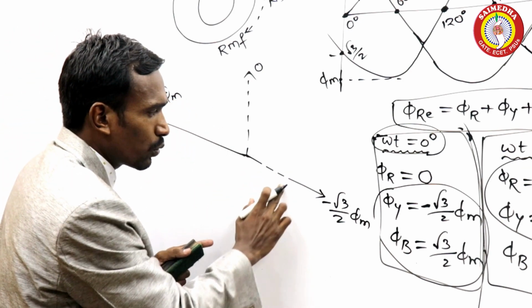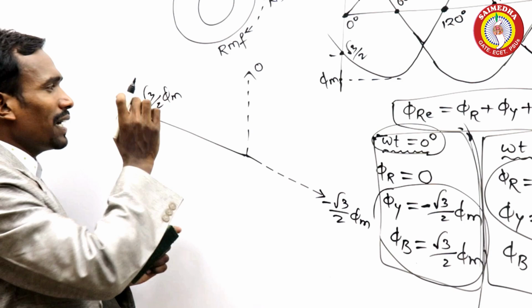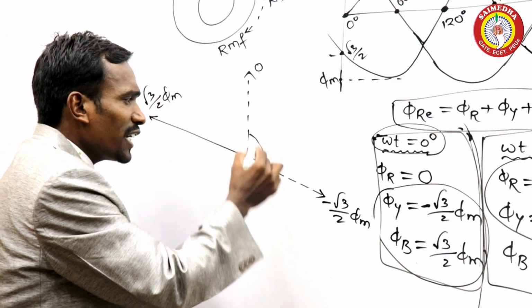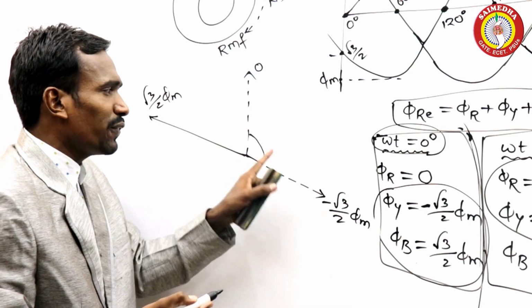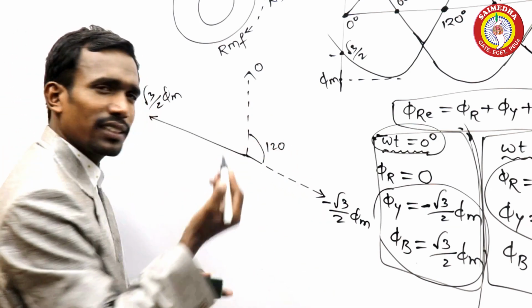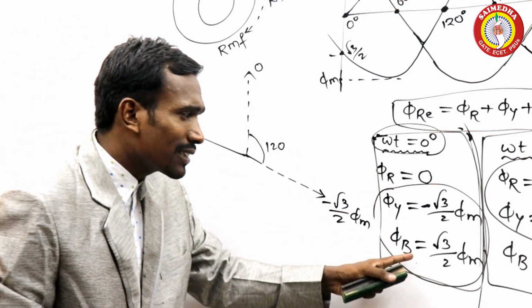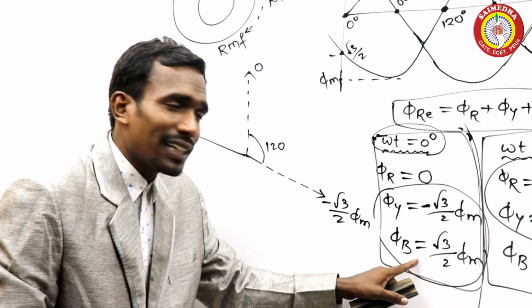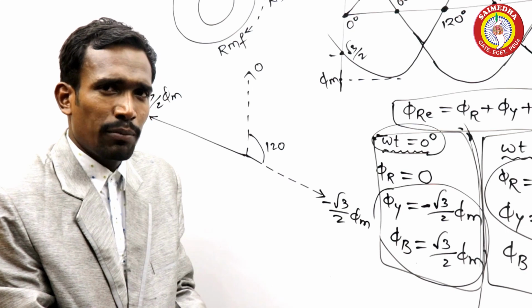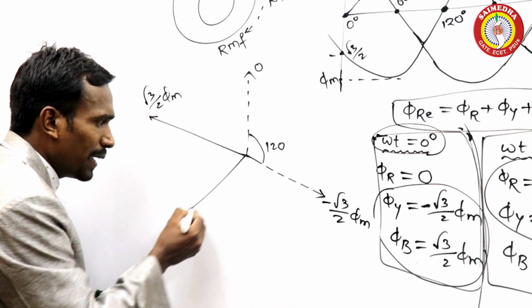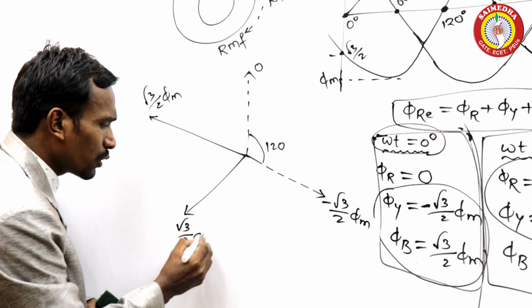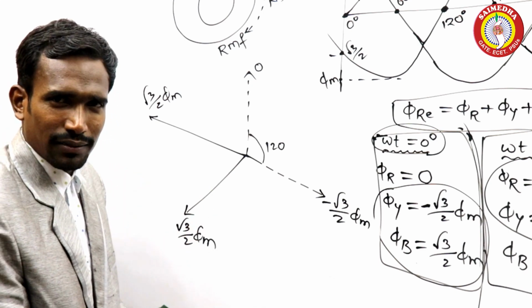Now this is minus root 3 by 2 phi m and this is plus root 3 by 2 phi m. And we know the phase shift between R phase and Y phase is 120 degrees. And what is the last one? What is my B phase value? For B phase, the flux is plus root 3 by 2 phi m only.